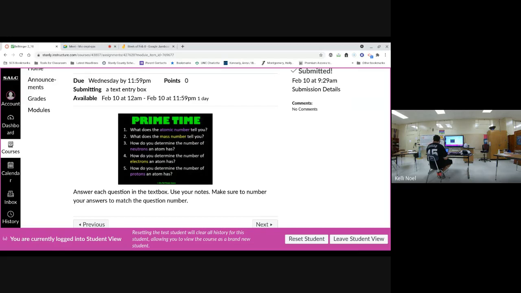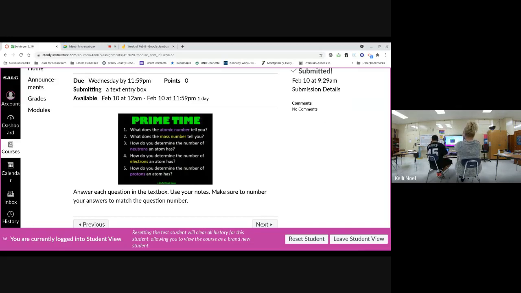Two, what does the mass number tell us? What gives us the mass number? Neutrons and protons. It's the sum of neutrons and protons.